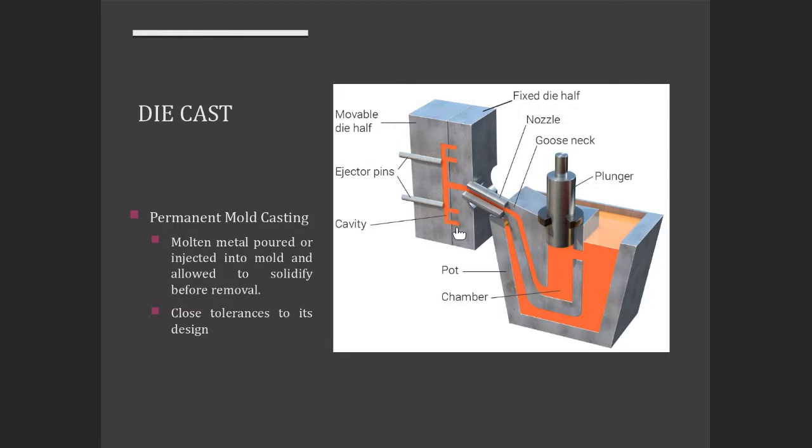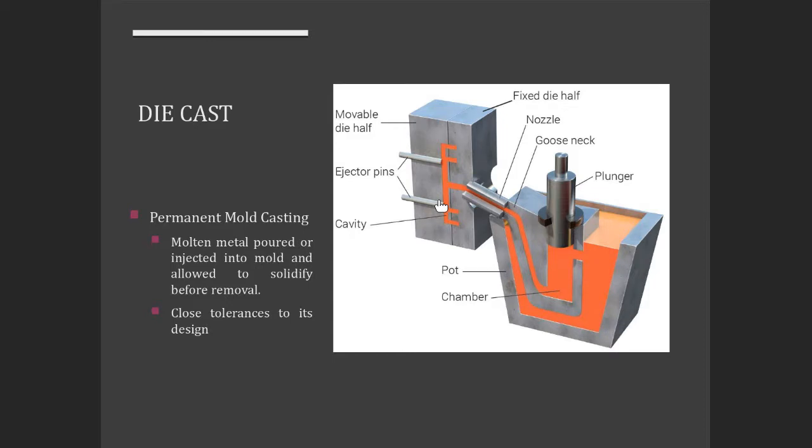So what ends up happening is when you have them butted together, you form your cavity. Very similar to what we saw in the sand cast, but this one you pour all of your molten metal into this chamber, and then using a plunger, you push that material into your cavity.